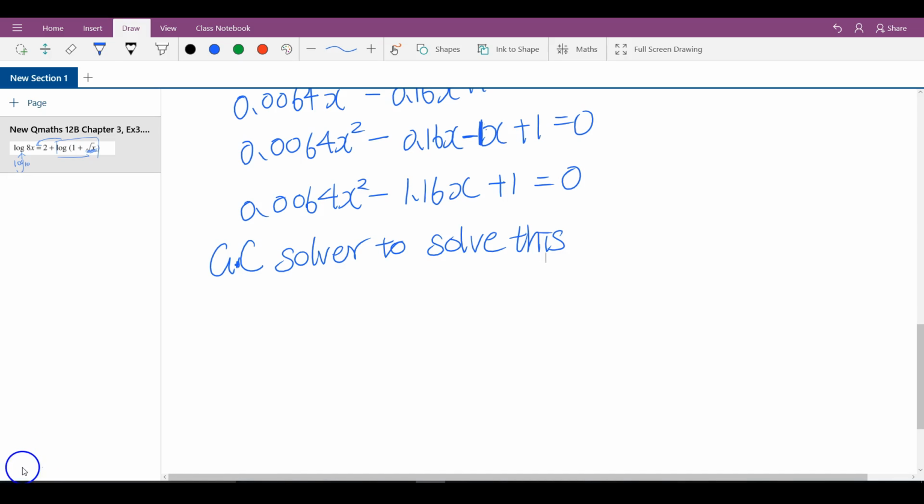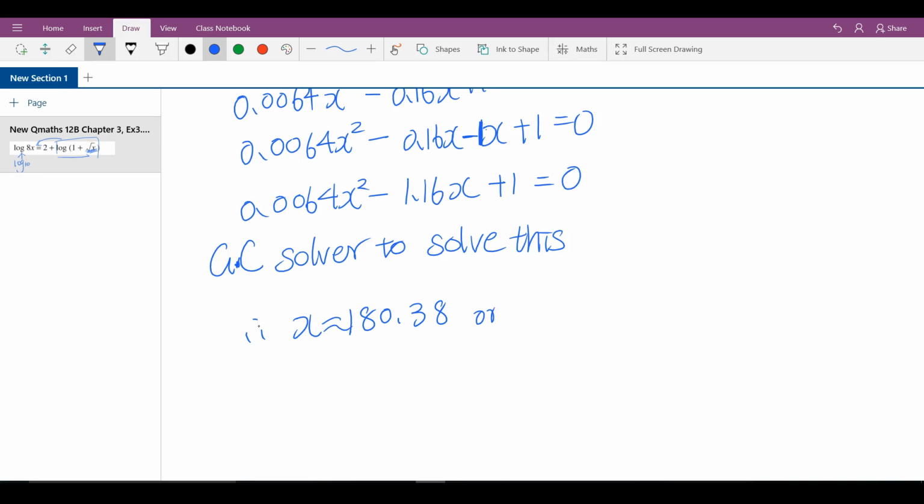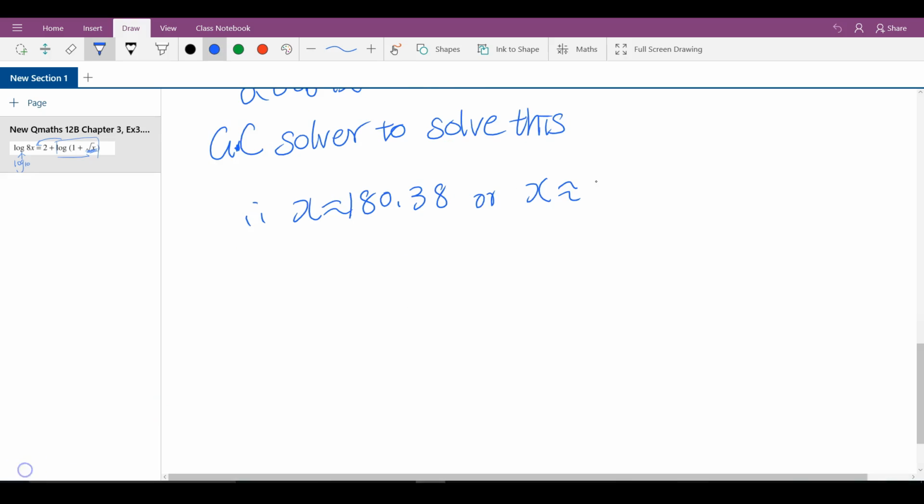The 2 answers are x equal to approximately 180.38, or x approximately equal to 0.866. To check if both answers are correct, we sub them back in.